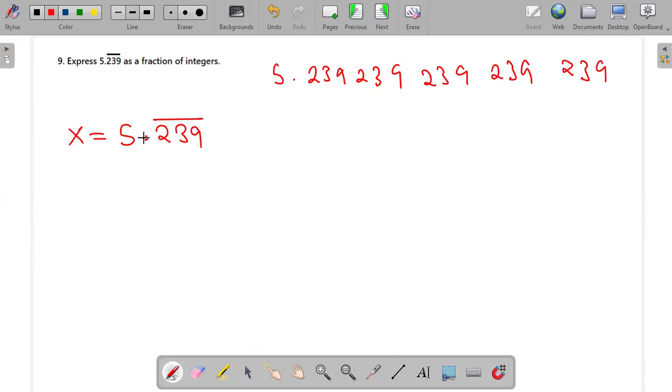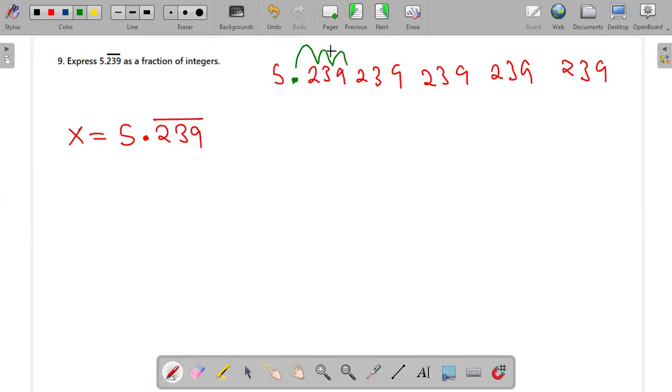You can see immediately after this decimal point, I have this part that is repeating. Now I want to find another number from this number such that immediately after the decimal place again, I have the repeating part. So I want to move this decimal point here 1, 2, 3 times.